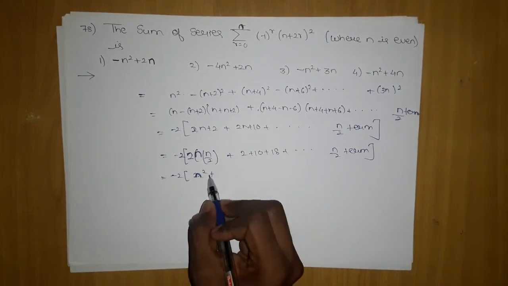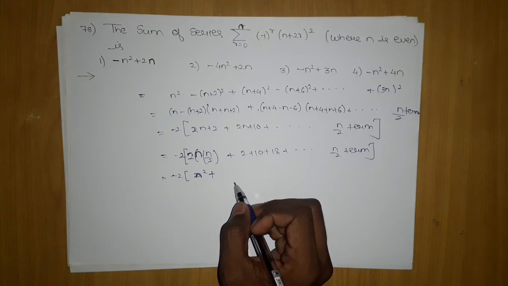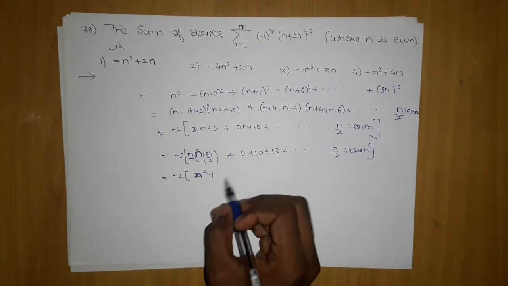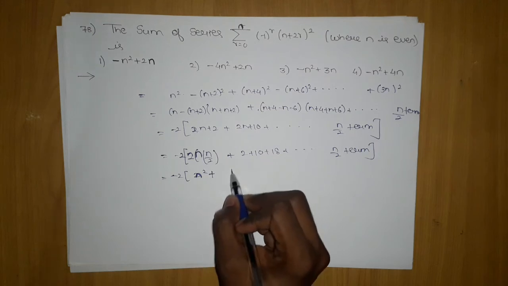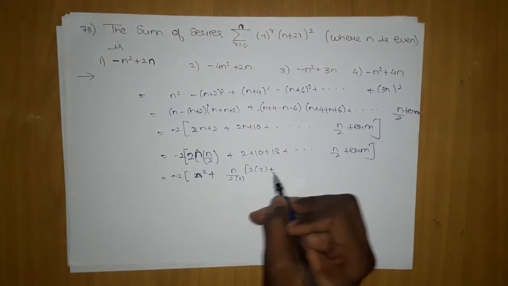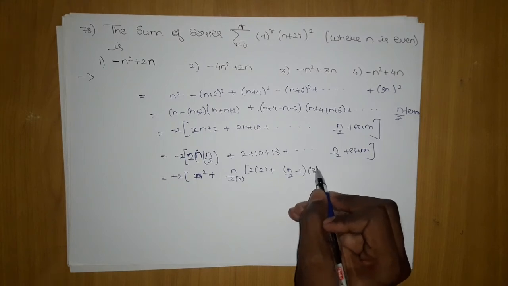Okay, the common difference is 8. So you want to get the sum of these terms, which will give me my answer, which is nothing but n square, and to get the sum of these terms, it is n by 2 into (2 into 2 plus (n by 2 minus 1) into d), where d is nothing but 8.